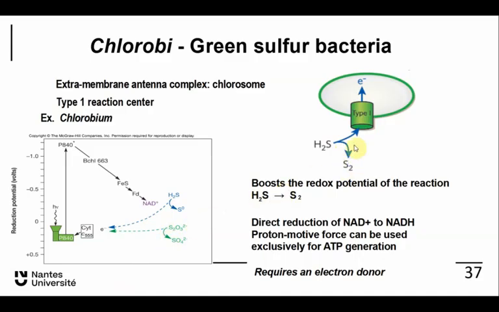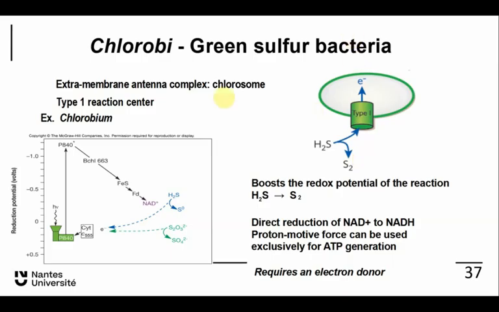So why is this useful for the bacteria? This is useful because if you remember, in sulfur oxidizing bacteria, the redox potential of the sulfur oxidation is not enough to transfer the electrons onto NADH. So those bacteria have got to use some of the proton motive force that they generate to force the electrons onto NADH.